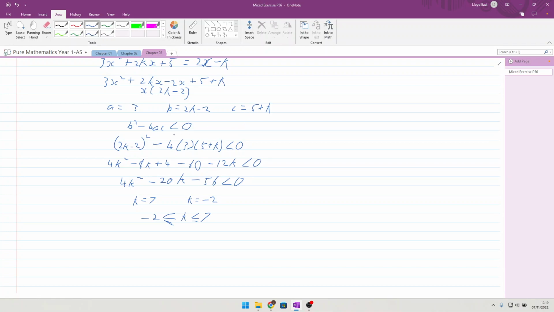We are allowed an equals on this all the way down that I just sneakily added in, because at the point where this parabola and line touch, they do not intersect, they touch, and that is where it has one real solution, which gives you the equal to 0. Everything after that is into imagined solutions. Okay, so k is greater than minus 2 and less than 7.